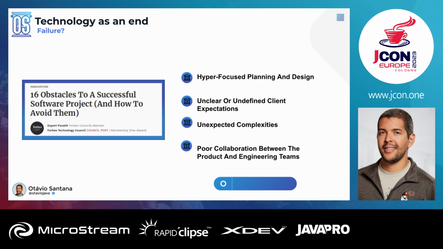But let's look at this amazing article here, the 16 obstacles to a successful project, where I enjoy listening to the paradoxical ones. The high focus and planning in design.